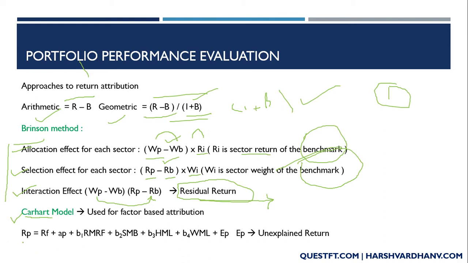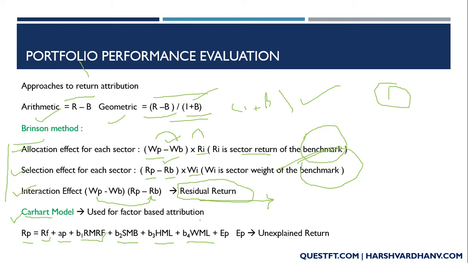It is basically the return of the portfolio. The expected return can be broken down into risk free return plus alpha plus the risk premium over the risk free rate of the market. Then small minus big, that is small cap minus large cap. Then high book value minus low book value, that is a value tilt.